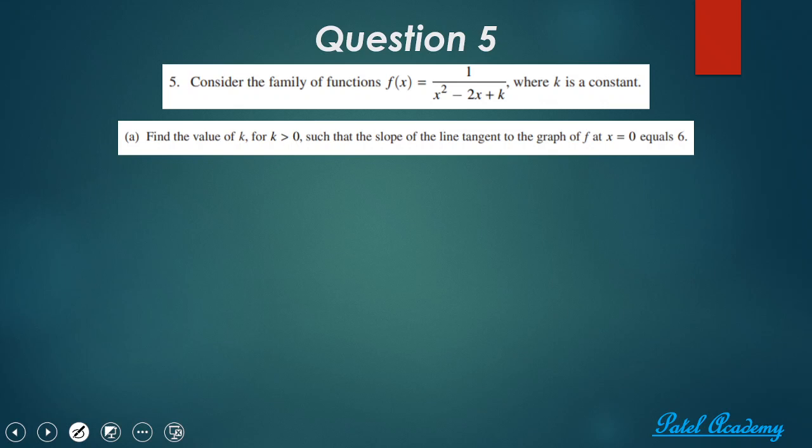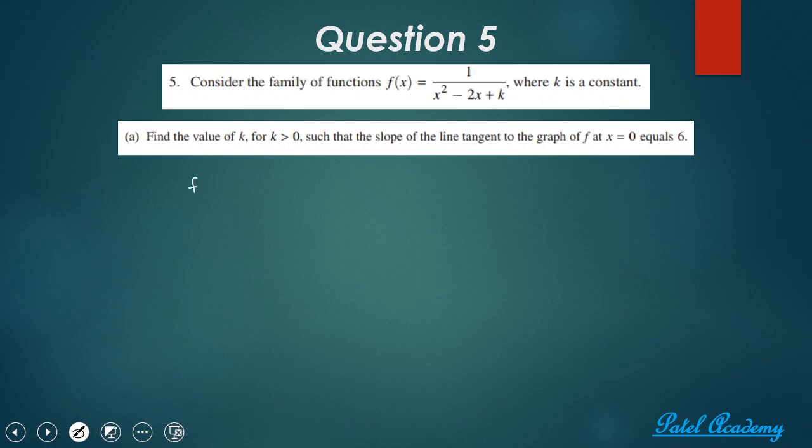So it says consider the family of functions f(x) = 1 over x² - 2x + k, where k is a constant. And part A says find the value of k where k is greater than 0, such that the slope of the line tangent to the graph at x = 0 is 6. Alright, so let's take the derivative.